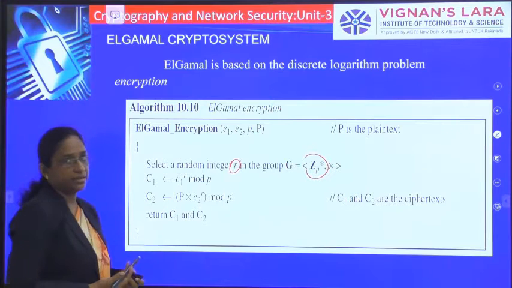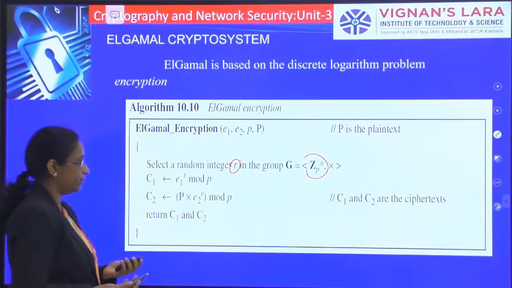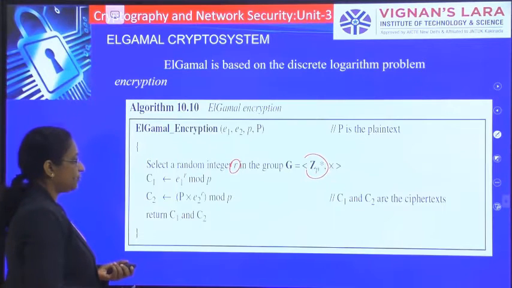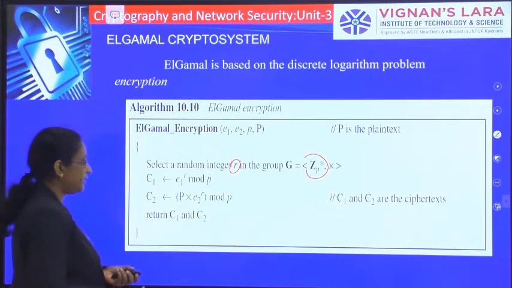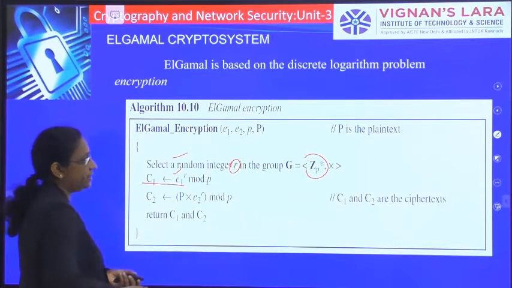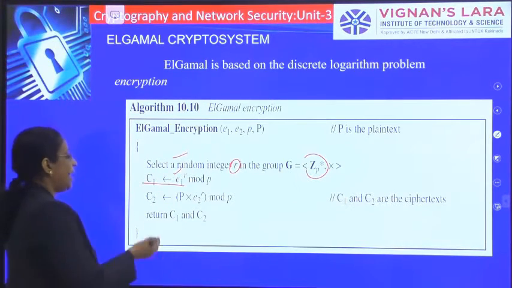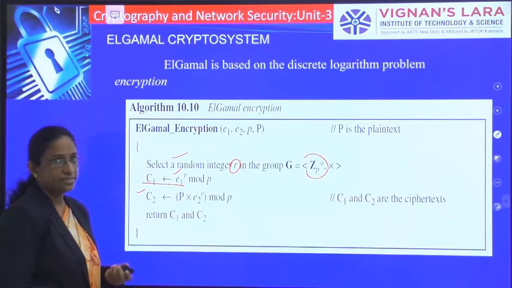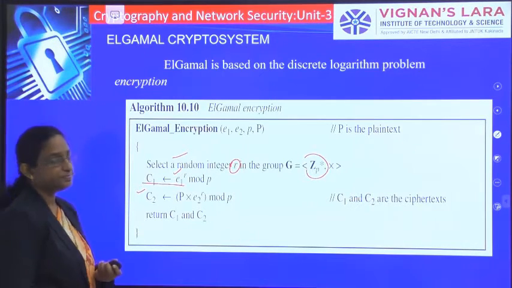Since we have two public keys E1 and E2, we will be generating two ciphertexts: C1 with E1 as a public key and R as a random integer, and similarly C2 equal to P times E2 to the power of R mod P. These C1 and C2 are your ciphertext that are sent to the receiver.